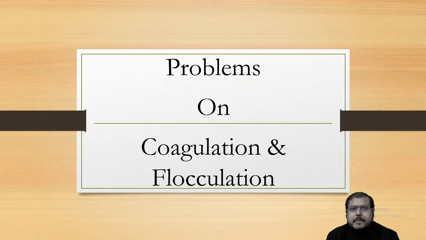So before starting the problems on coagulation and flocculation, we need to just recap what we studied in coagulation and flocculation. Actually, plain sedimentation was where we worked with suspended particles, and that was Type 1 settling. Apart from that, there is Type 2 settling, the coagulation flocculation process, where sedimentation along with coagulation flocculation is defined.